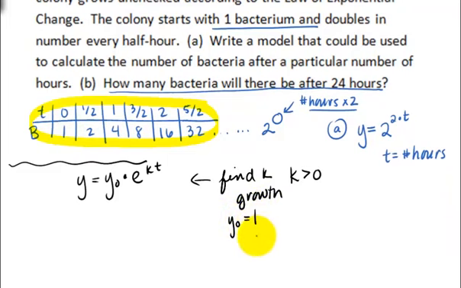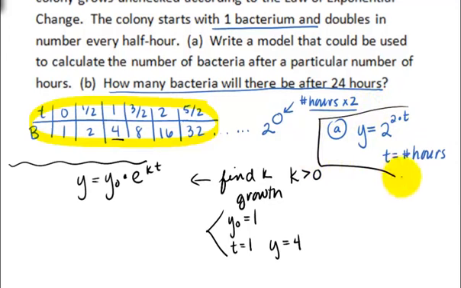And then let's say after 1 hour, if t equals 1, we have, right here you can see, 4. So our y, our ending amount, is going to be equal to 4. If we plug all this in and solve for k, we should end up with an equation that looks a lot like what we got over here. So let's make sure that works out.